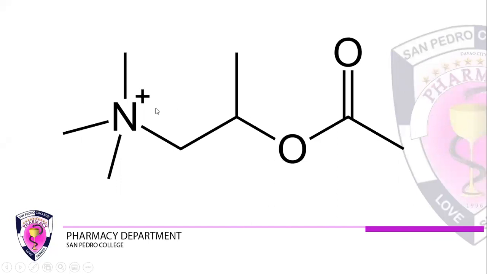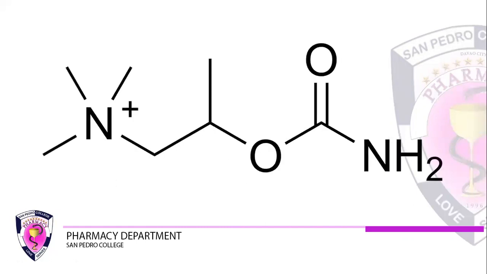So selective siya for the muscarinic receptors. But the problem with this molecule is that it has an acetoxy group. So hindi siya pwedeng i-oral, but the only option is parenteral. Pero ang kanyang action, it's somewhat transient lang because of hydrolysis.